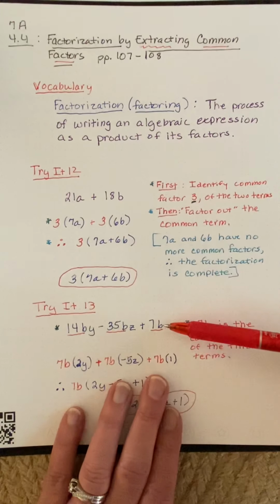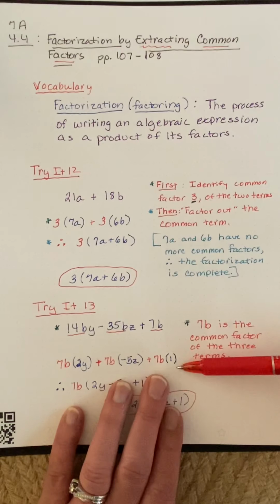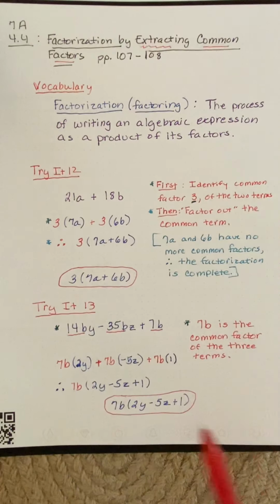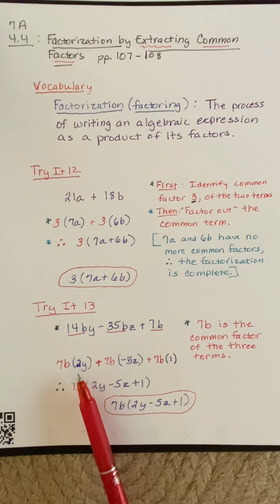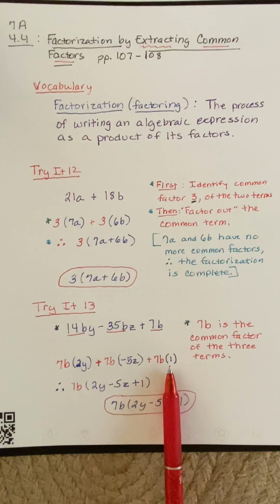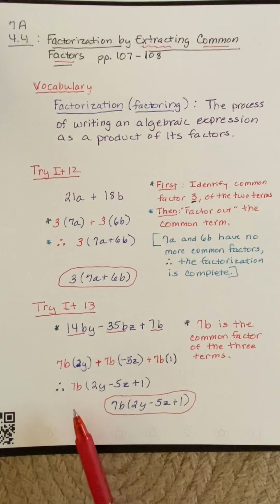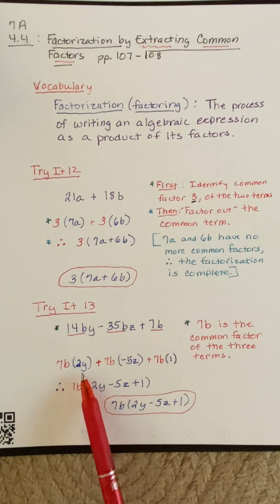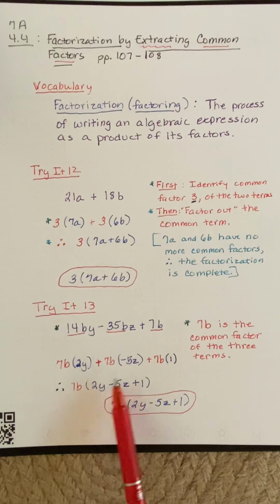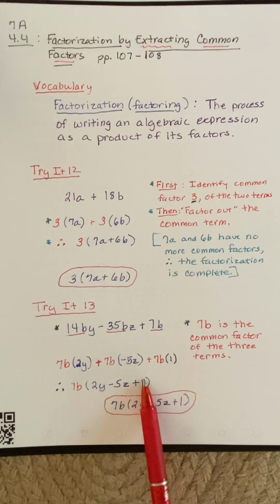And then, of course, if I take 7b out of 7b, I'm just left with 1. Now, there are no more common factors between 2y, negative 5z, and 1, so I'm done. And my final answer is 7b, take that common thing, times (positive 2y, negative 5z, and positive 1). And that is my final answer.